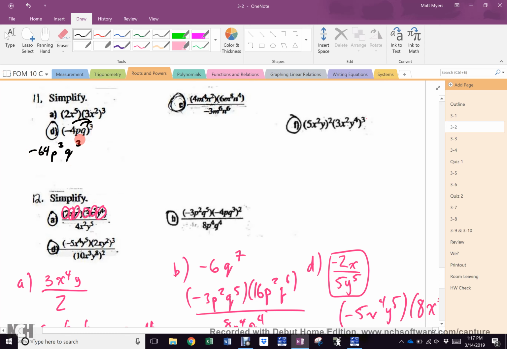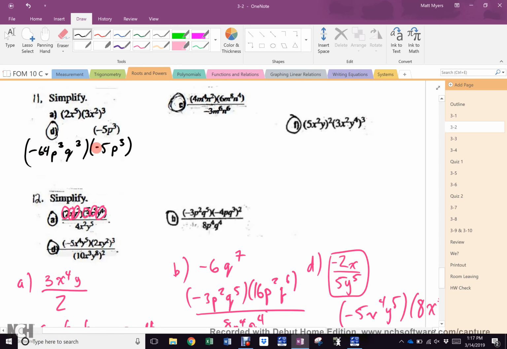Okay? Now, pretend none of this is there. Negative 5p cubed. Now, numbers with numbers, letters with letters, just like you learned in the 9th grade and previous to that. 64 times 5 is 320.